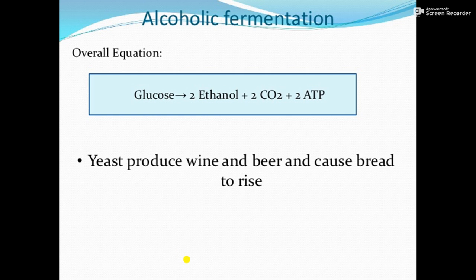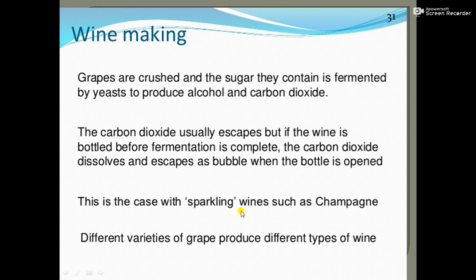Alcoholic fermentation, overall equation: glucose converts to 2 ethanol, 2 carbon dioxide plus 2 ATP. Yeast produce wine and beer and cause bread to rise. Wine making: grapes are crushed and the sugar they contain is fermented by yeast to produce alcohol and carbon dioxide.